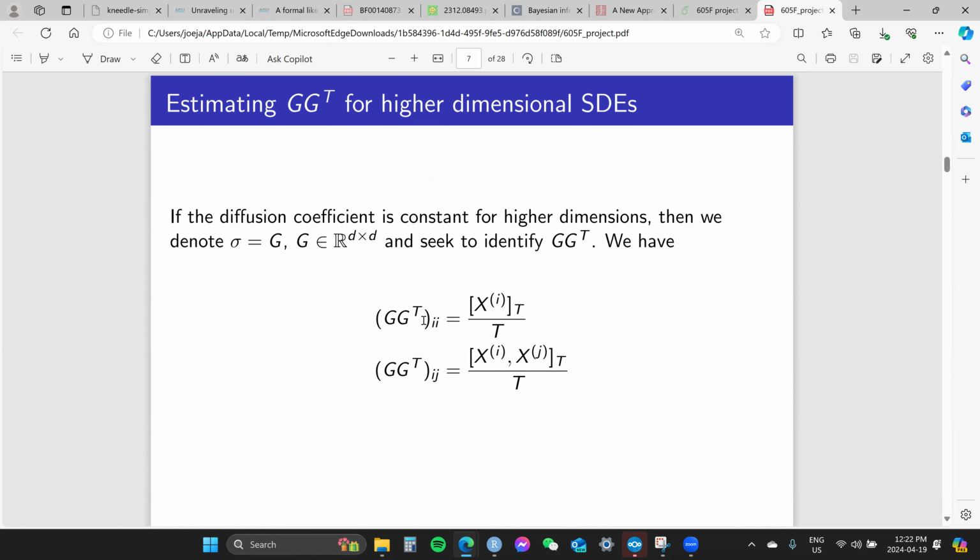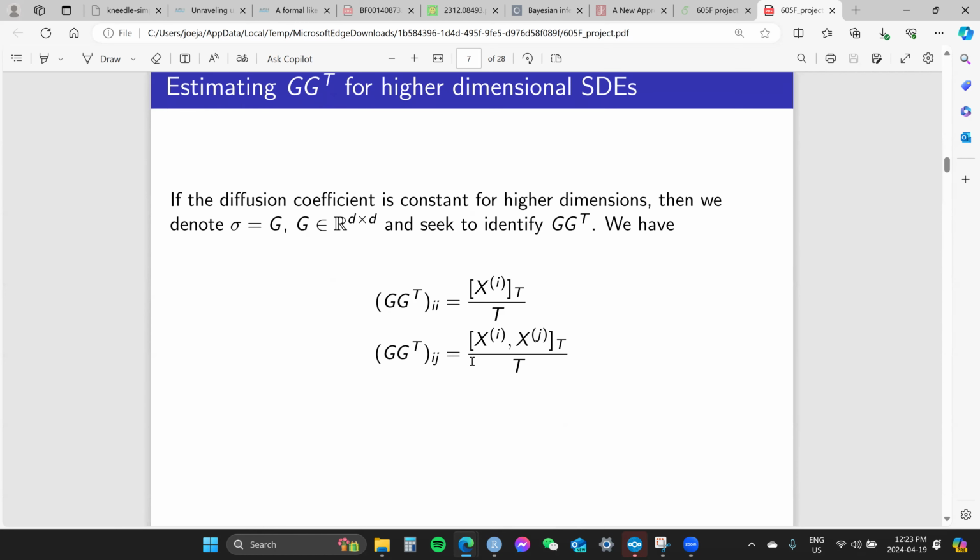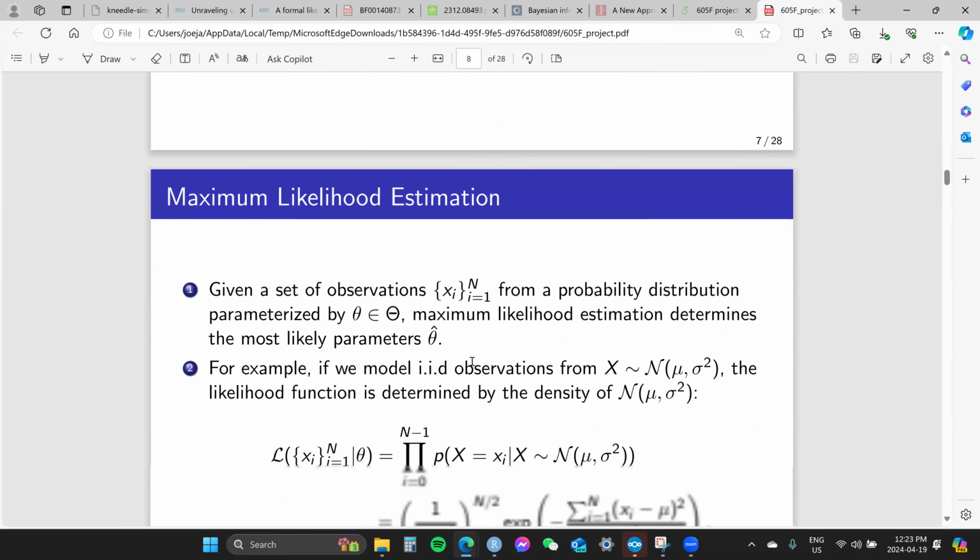Here, we can identify all the diagonals by doing the quadratic variation of the ith process with respect to time. And then every non-diagonal entry is going to be given by the quadratic covariation. So the formula for estimating the diffusion is relatively simple. Your degree of accuracy depends largely on the time granularity of your data, but estimating this is not so bad, especially for a constant diffusion.